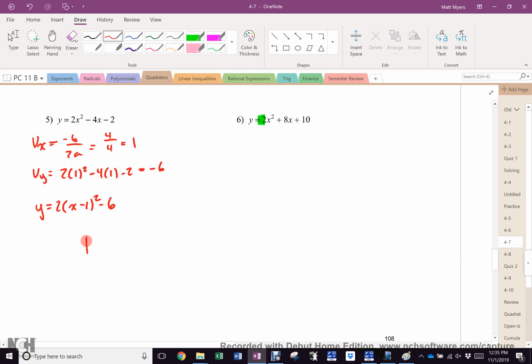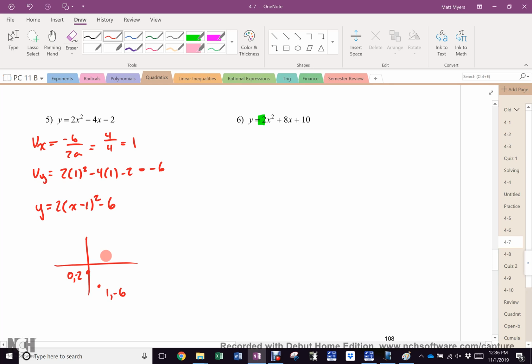Then I graph it by going to 1, negative 6. I know my y-intercept is negative 2, so that's 0, negative 2. And since I went 1 there, I should have gone up 1, but it's doubled. Wait a minute. What did I do wrong?